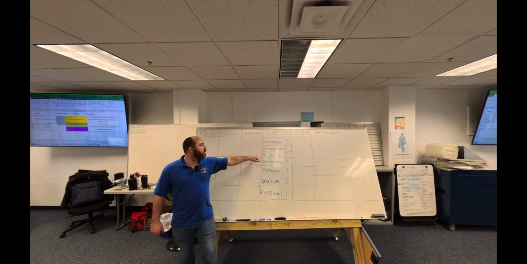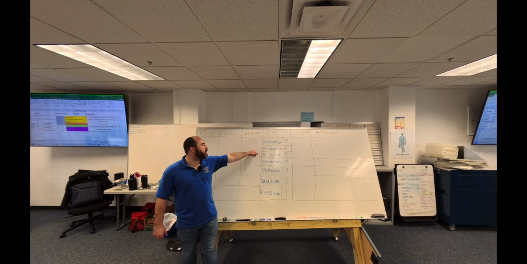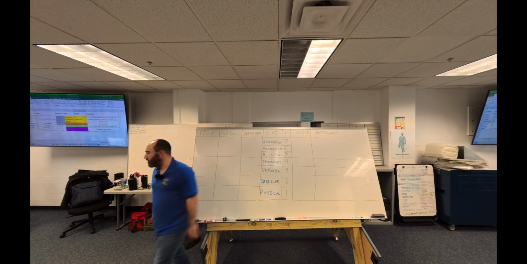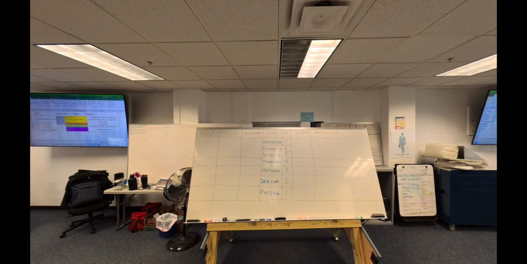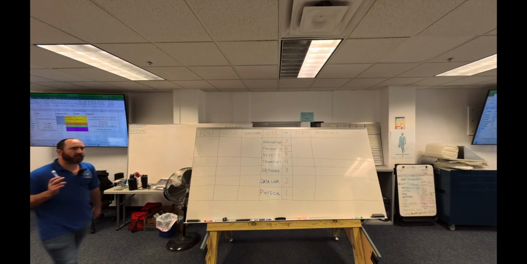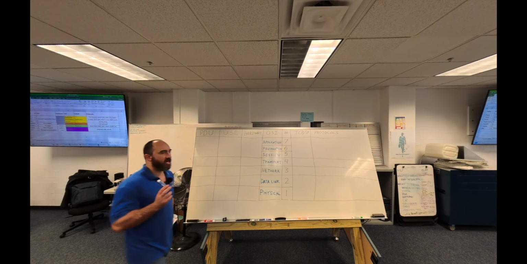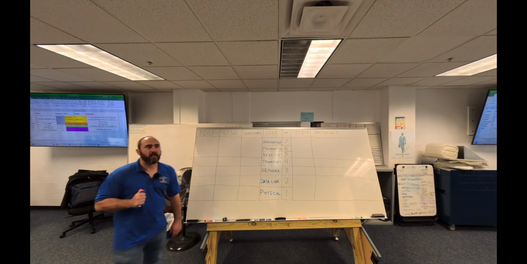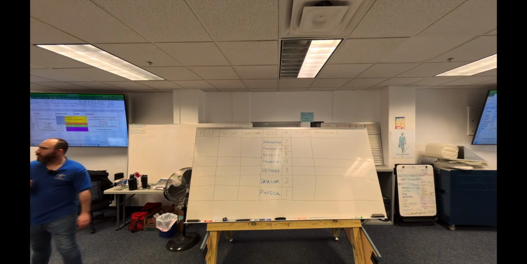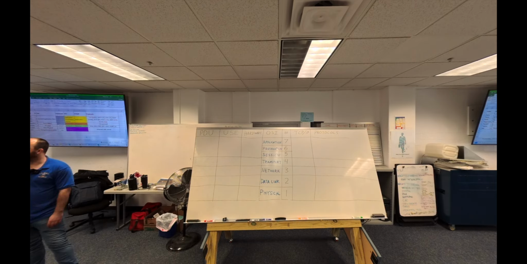Sausage, session. Pizza, presentation. And the top one, away, application. Physical, data link, network, transport, session, presentation, application. Open source interconnect. Why do I feel like I'm saying that wrong?